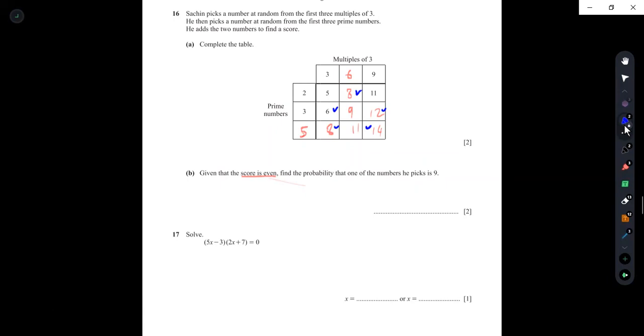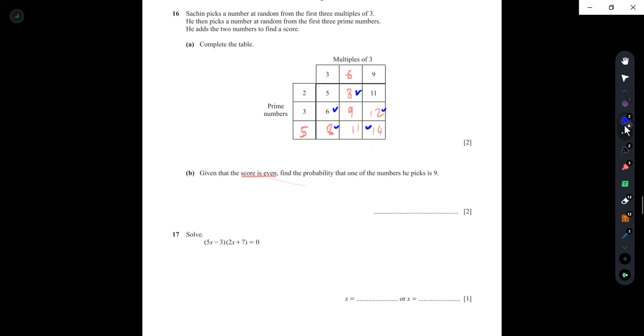Now, among these 5 results, we have to see in how many ways one of the numbers he picks is 9. So 9 only appears as a multiple of 3.